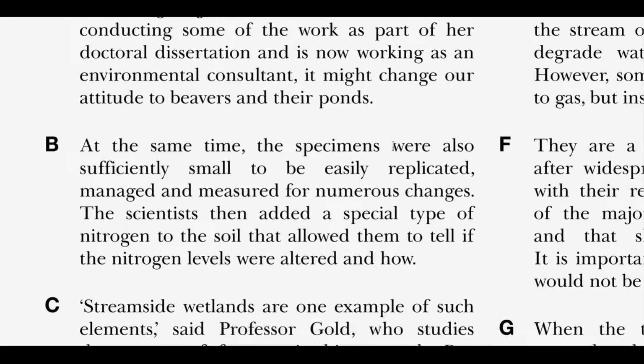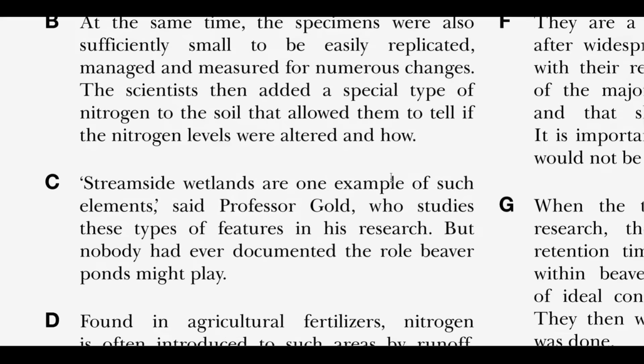Specimens here could well be related to laboratory work because we're managing them and measuring them for changes. So perhaps this is later on where we go into a laboratory. So this is not relevant, although it does mention nitrogen in the soil. Nitrogen levels were altered and how. So maybe that's going to have reference to something later on.